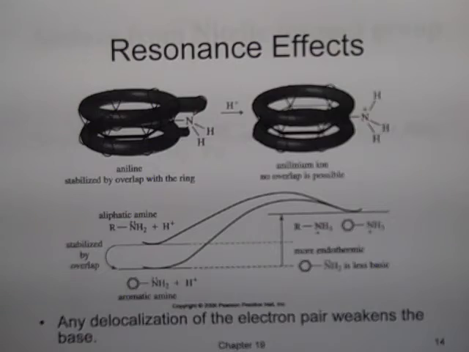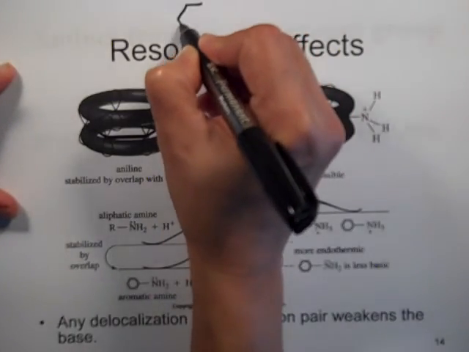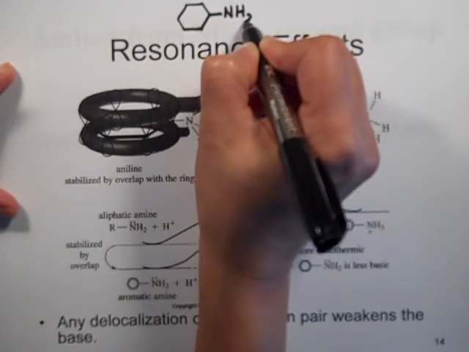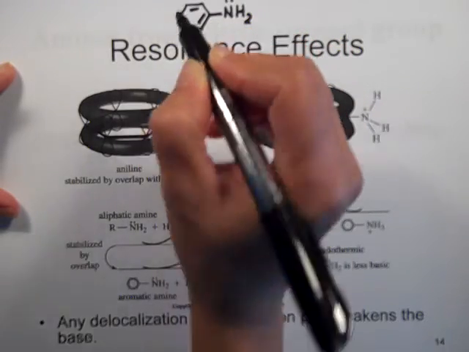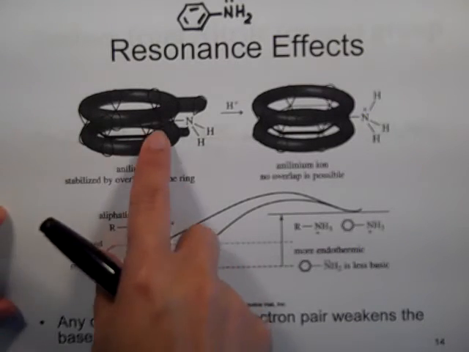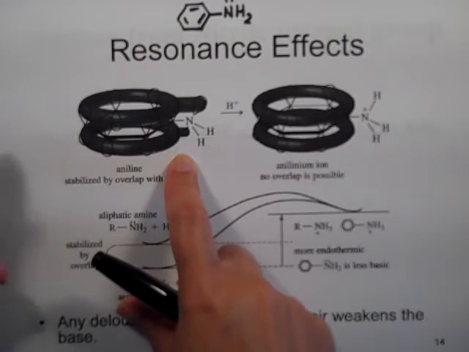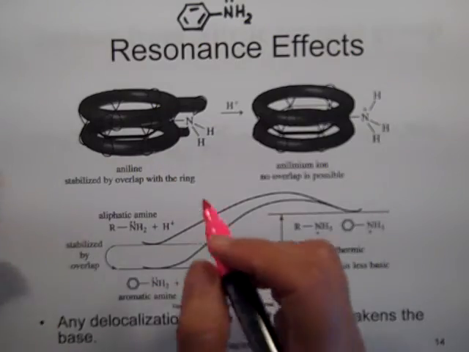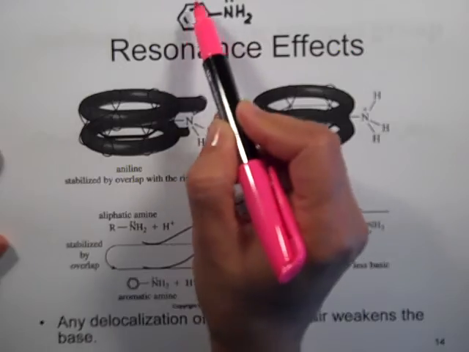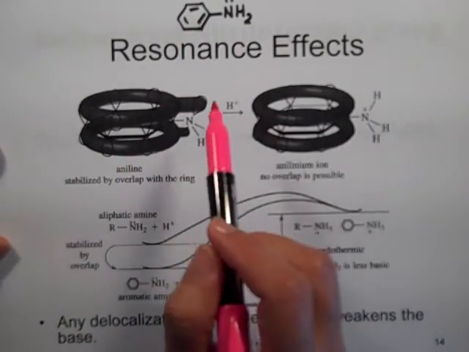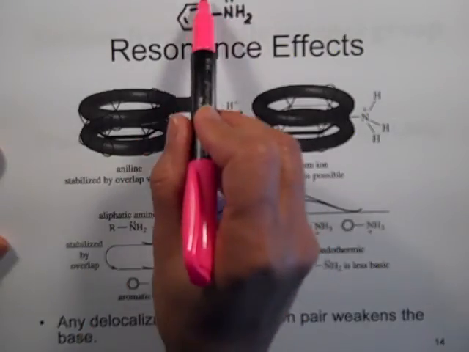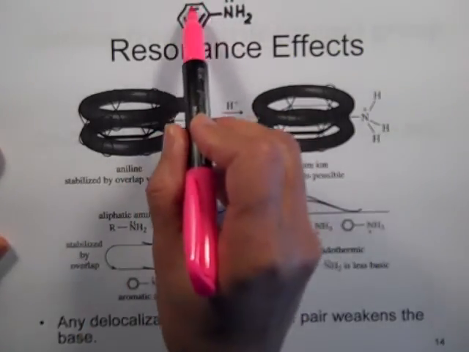Now there's one exception to that, and if you happen to have aniline or any aniline derivative. So I have aniline right there. And what's happening in aniline, and I promise you this in color would be beautiful, but I don't have it, is that you have the delocalization of the aromatic electrons in there, the 6 pi electrons of the ring, but you also have a lone pair right here, and that lone pair can be delocalized in the ring.